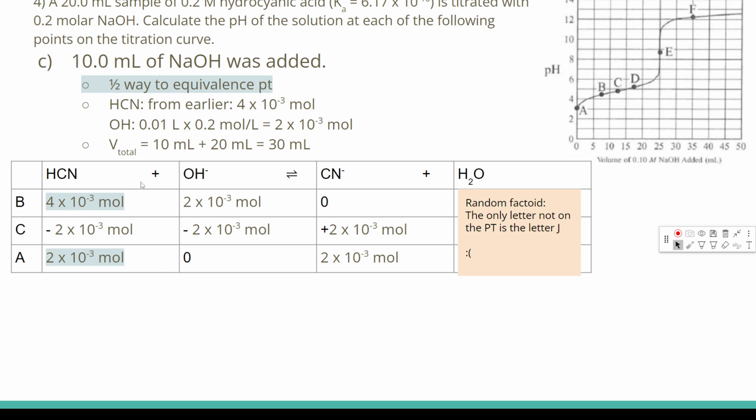We're halfway to the equivalence point because we used half of the weak acid. We neutralized half of it with the strong base. And so, because we used half of it, we're literally halfway to the equivalence point. The equivalence point for a weak acid strong base curve is when we used all of the weak acid in the flask. So in this case, we used half of it, and so that's why we're halfway to the equivalence point.